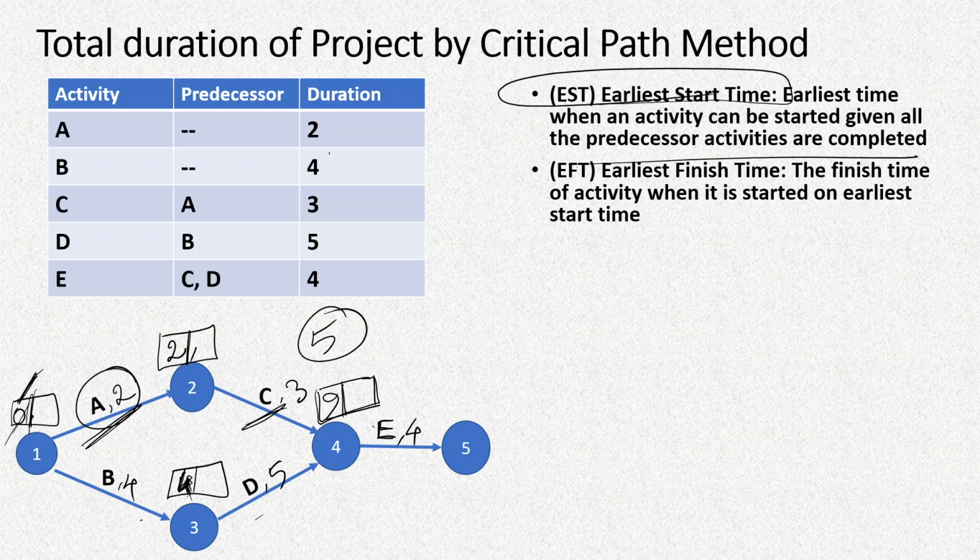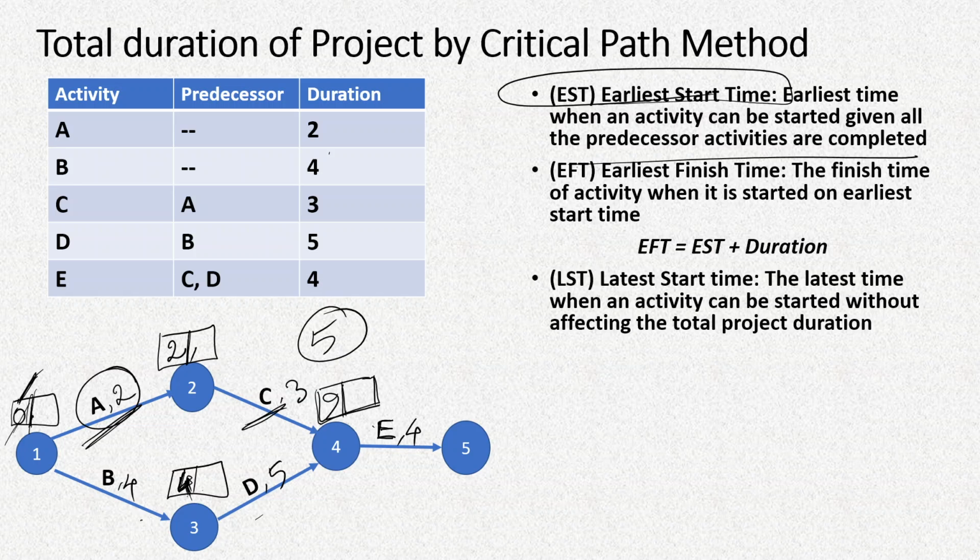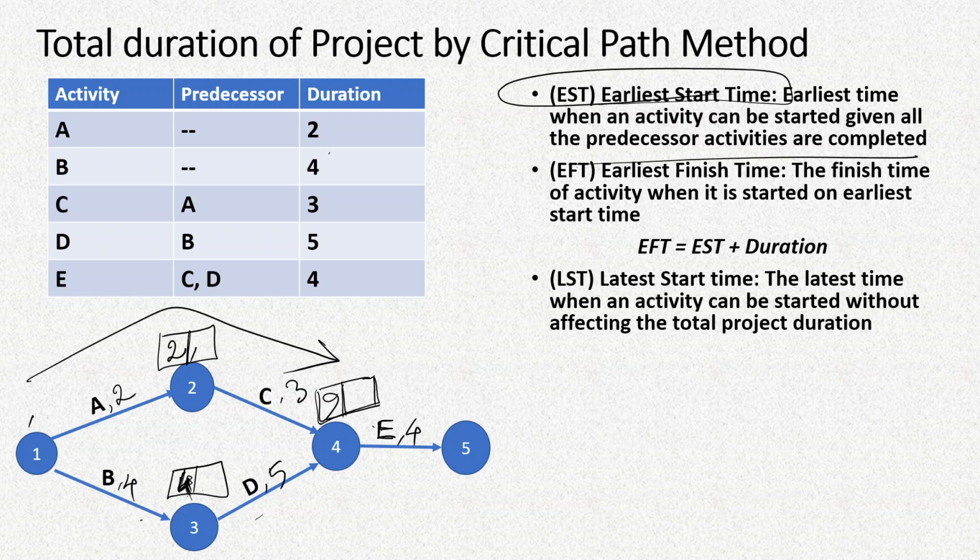Now let's come to the latest start time. Latest start time is the latest time when an activity can be started without affecting the total project duration. Now what it means is that here in this example we have seen that this path A and C has some room for delayed start.